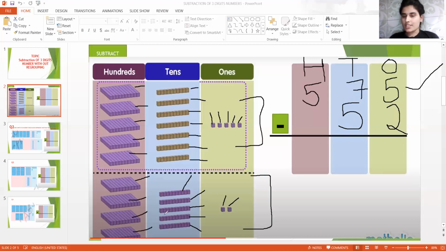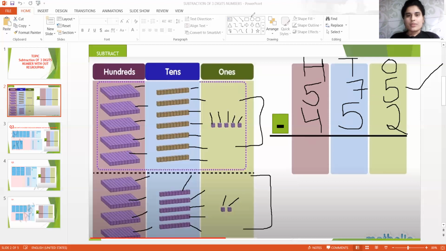How many hundreds? 4. Write 4 over here. So now we need to subtract. We need to subtract 452 from 575.